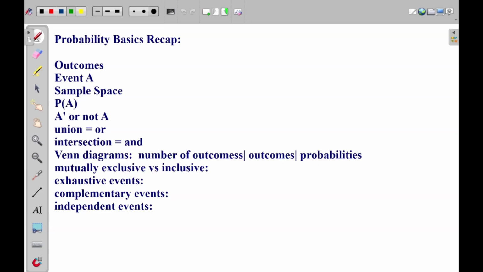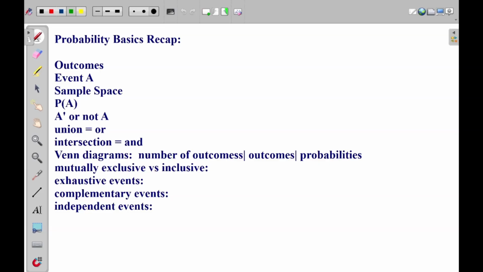Then we talked about exhaustive events. For this one, we said if you can take the union of two events and you realize that combining the elements from both events, you get the entire sample space, then we say those events are exhaustive. On the other hand, we said when events are both mutually exclusive and exhaustive, then they are actually complementary.